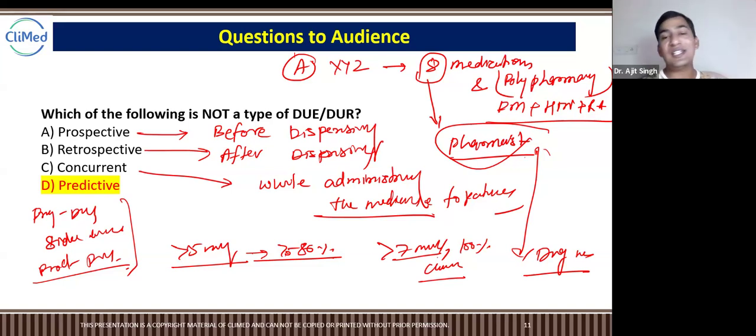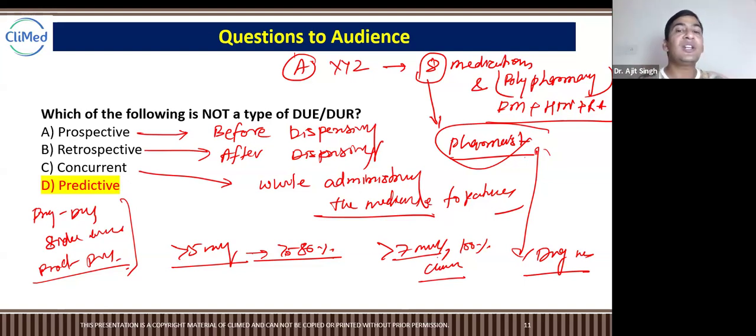And maybe there are multiple outcomes. If he finds a drug-drug interaction, he will send the patient back, or he will talk to the doctor, the prescriber, and tell him, sir, there is a problem in this prescription. You have to solve this. You write a replacement, or some other drug, or cut down the frequency or the dose of the drug, based on the entire situation of the patient and whatever drugs he is taking.